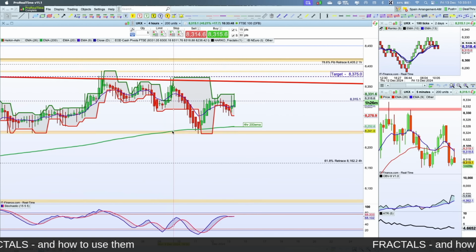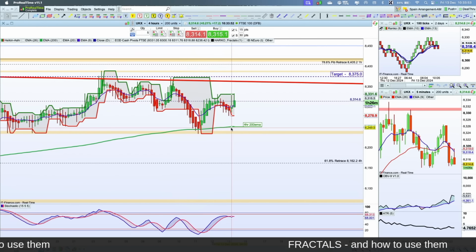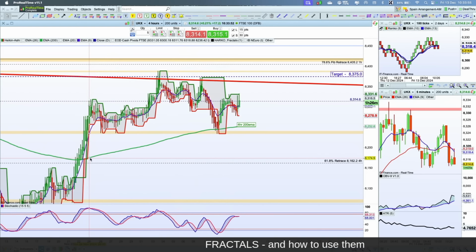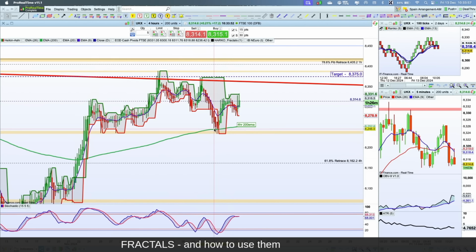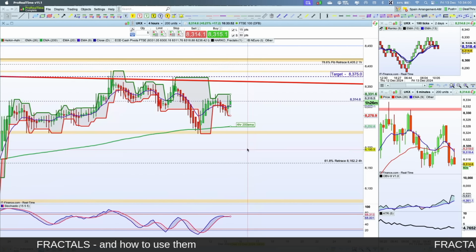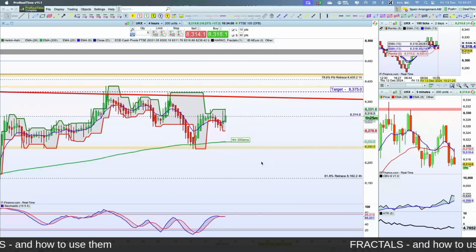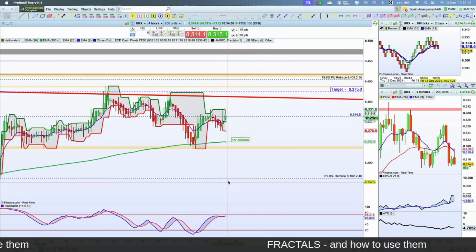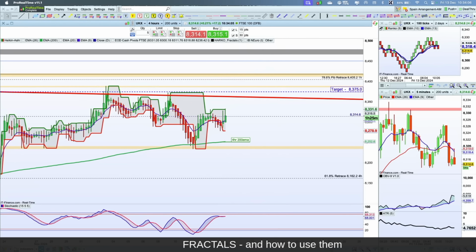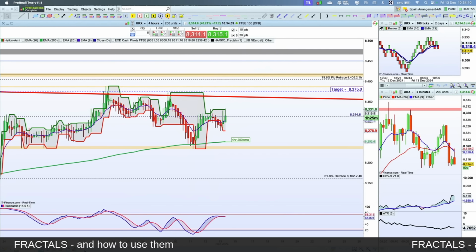Is the market developing long or short? Well, actually, it was developing quite nicely and had a bit of a flat spot here. And from a technical point of view, this market is screaming long. We're trading above the 4 hour 200 EMA. These are the fractals. This is a 9 EMA.